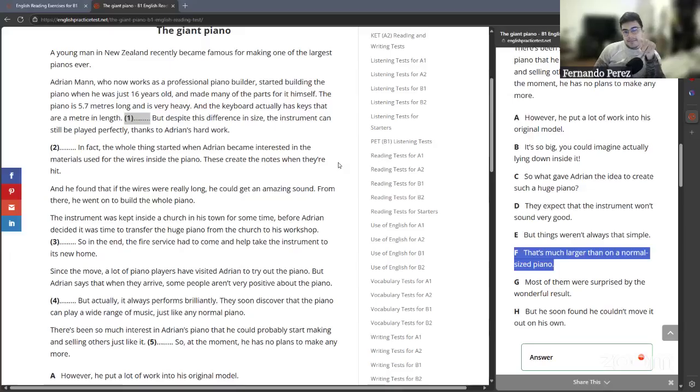Here is something that we are not considering, Emil. In letter F, we are not talking about the piano. That's the difference between F and B. Read again the sentence before number one.